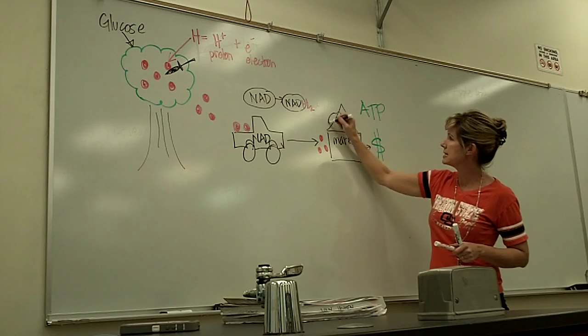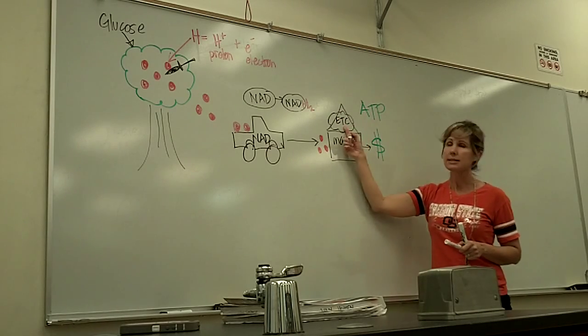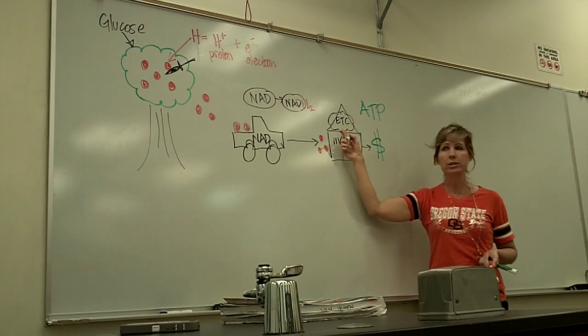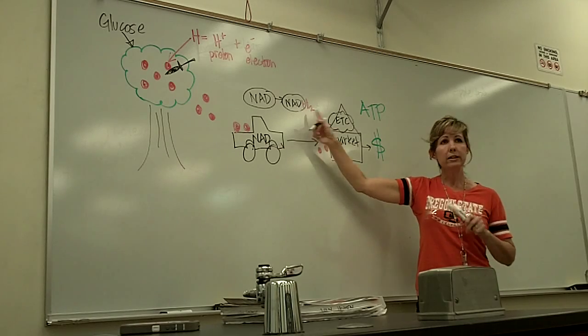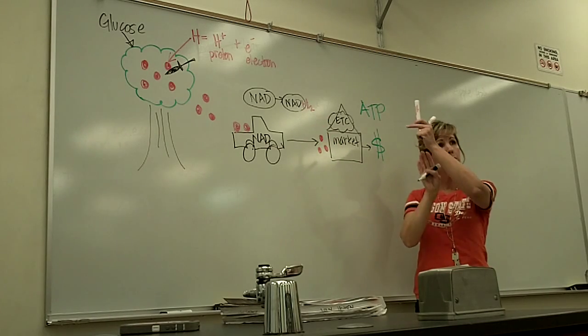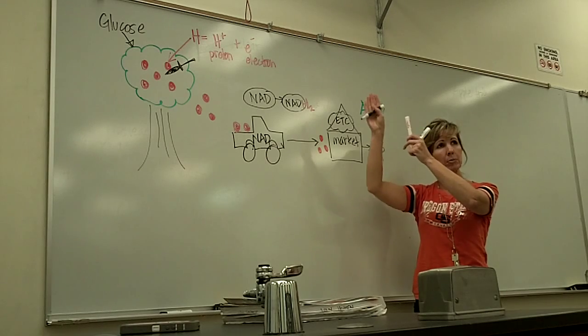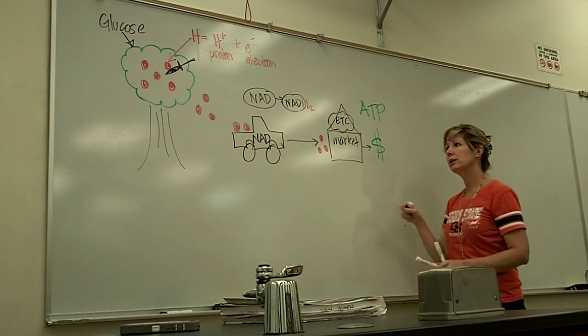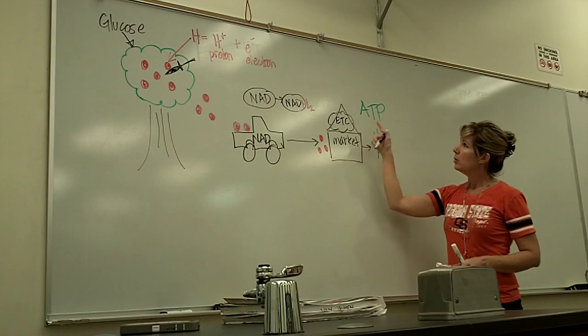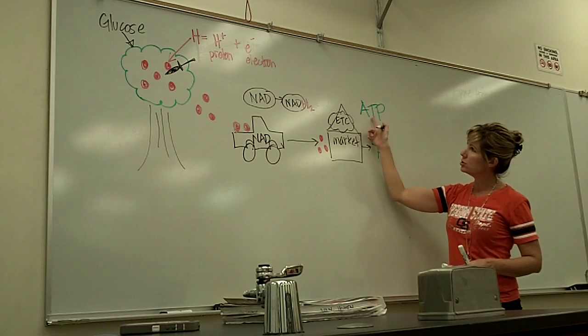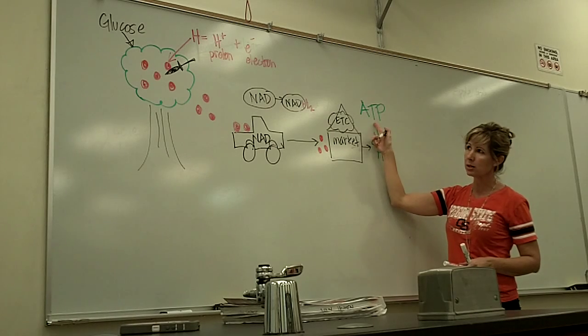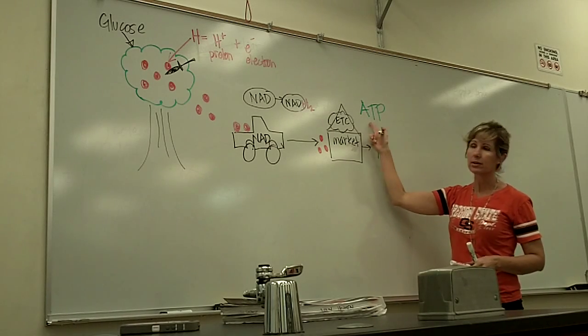So the ETC. Because the ETC is where you're going to deposit your H into that electron transport chain. The H will be separated into protons moving outside the membrane and electrons moving within the membrane. But they will be transformed into the energy molecule that the cell really wants, which is ATP. All right, so you got that?